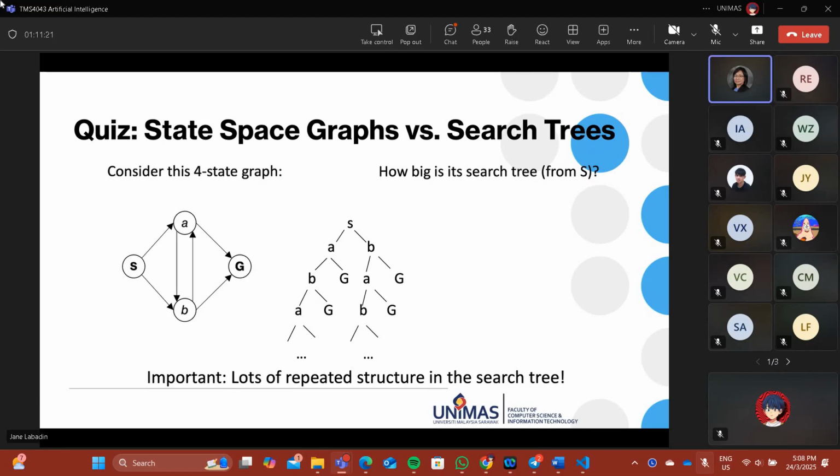So lots of repeated structure in the search tree because of this looping. Because of this loop, you will do it again, and again, and again. So it's like an infinite loop.